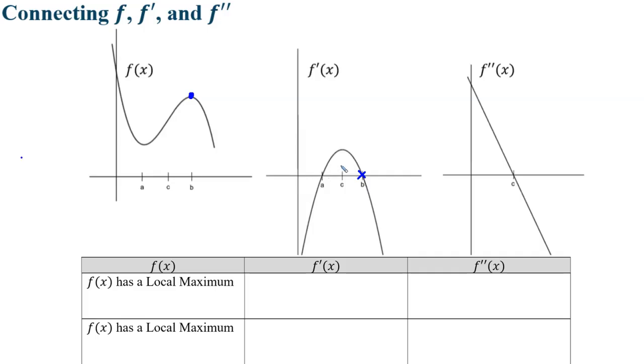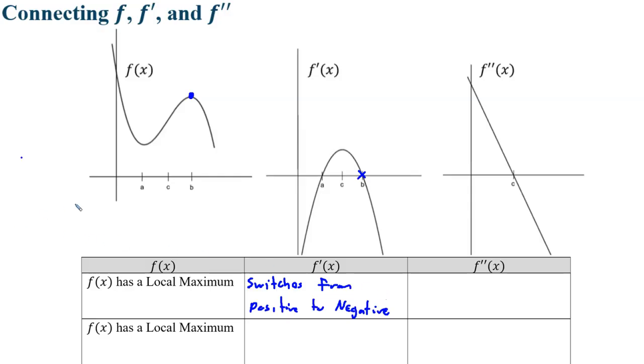As far as the derivative goes, that's when it's going to switch from positive to negative. And that was essentially our first derivative test. We looked at where our first derivative was equal to 0 and whether it was switching or not.